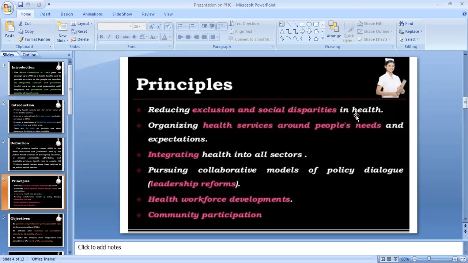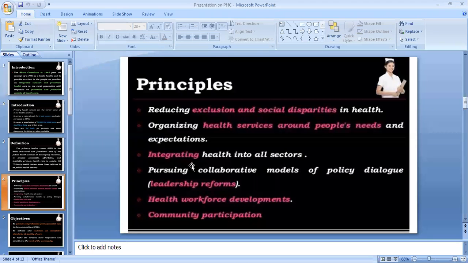Primary health care also provides care that way. They also organize health services like free camps for the people. When they see that people are not aware of some diseases, they can conduct those camps free of cost. If it is in villages and free of cost, people will easily come and access the facilities given by the government.